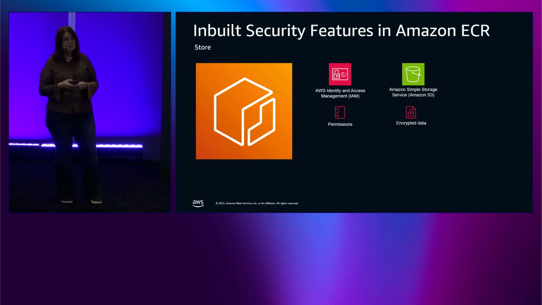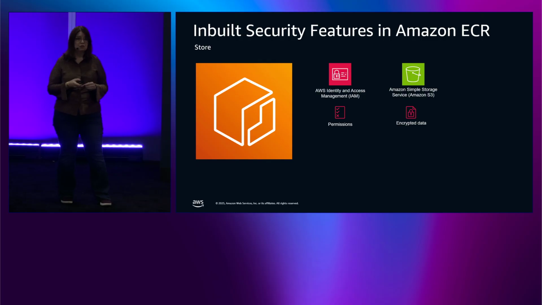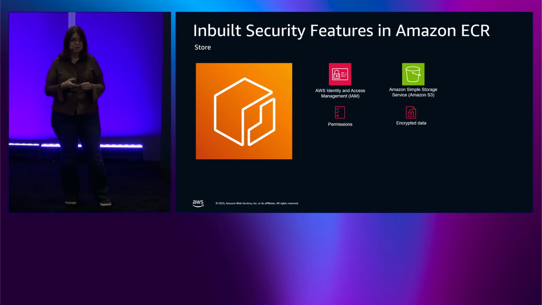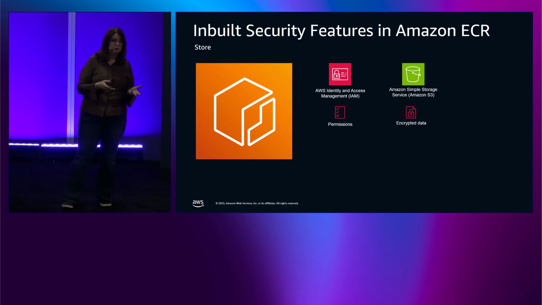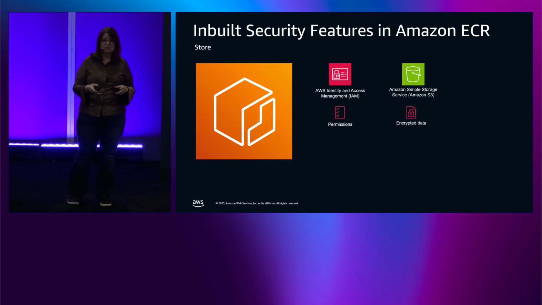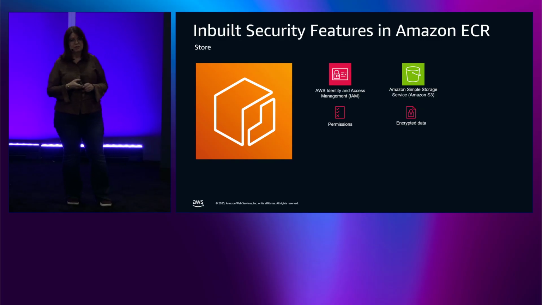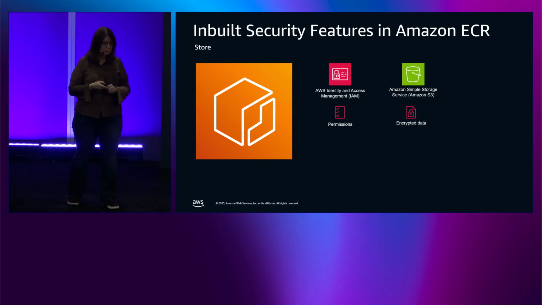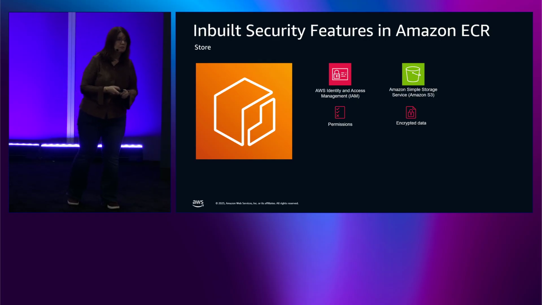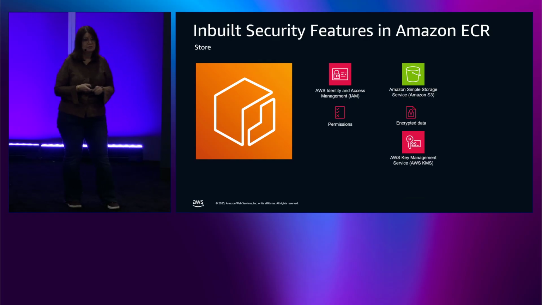Now, Amazon ECR uses AWS S3 for the storage of your container images. All of these images are encrypted at rest, and we use an AWS owned key for that. We don't charge you any extra for this, and it comes with AES 256 encryption inbuilt. If you decide that you want to control that encryption yourself, you can use your own KMS key with ECR to do that.